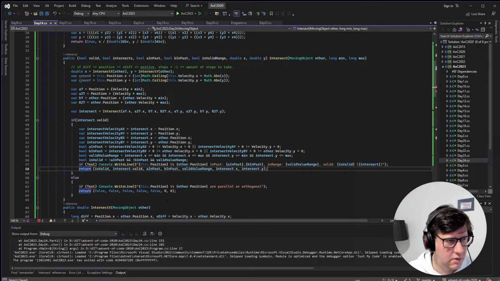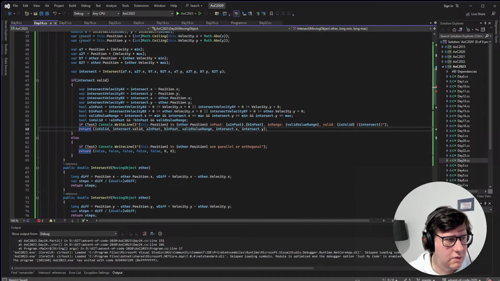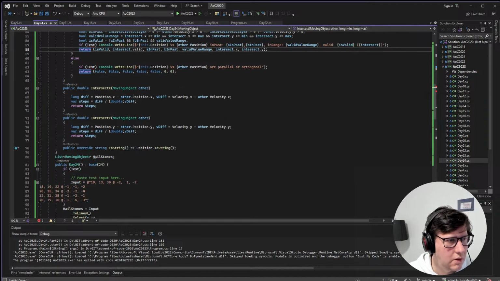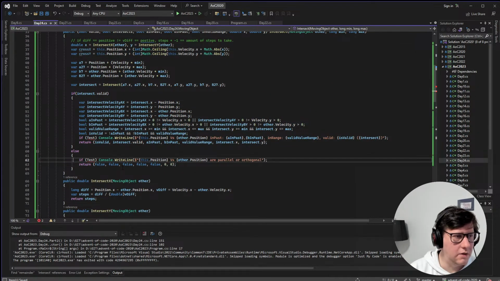Like this. Why is it complaining? What's the issue? An object reference for a non-static field. This isn't... What? I don't get it. Oh, wait. Okay, never mind.